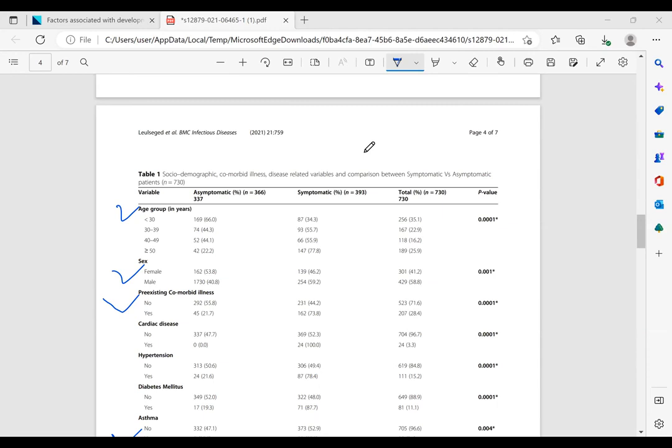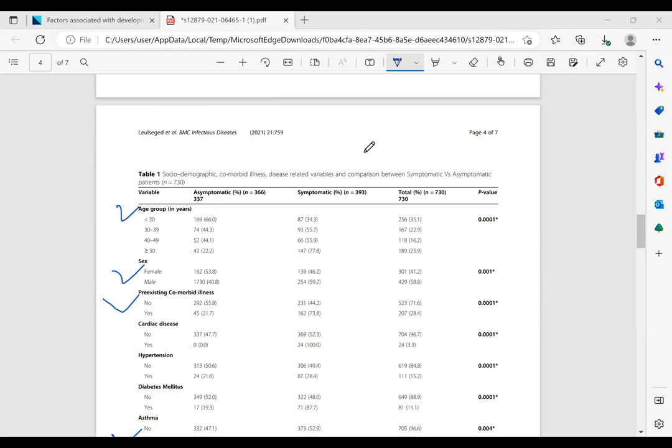So if you have cases and controls, the assumption, in an ideal scenario, is that our cases and controls are similar except for their outcome status. Based on all other socio-demographic or disease-related factors, we believe that they're comparable, similar enough, except the fact that one has developed symptomatic disease and the other did not.